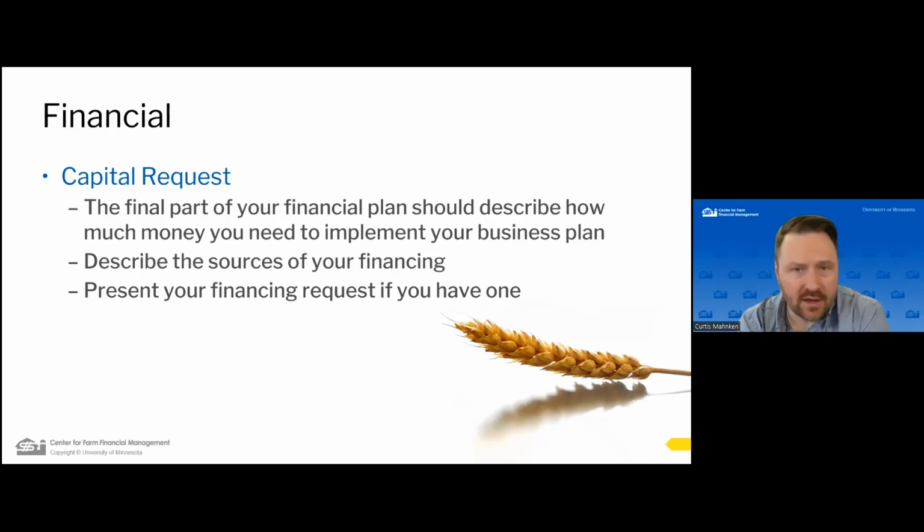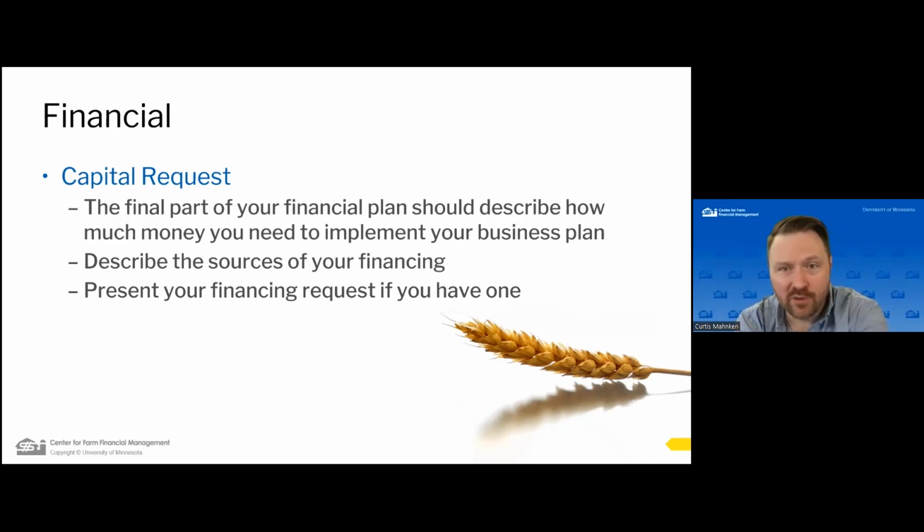My brother, I'll use him. He's having a hard time finding labor, which I'm sure you've talked about in a previous webinar. So he's looking at putting in robotic milkers to try to give himself some help there. He's having to find lots of different sources to find capital.